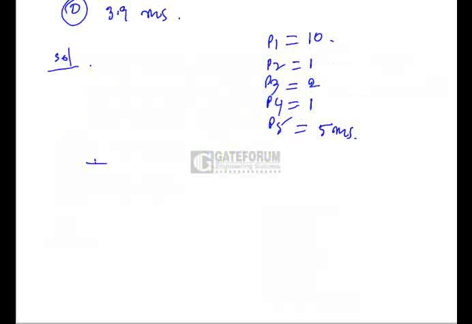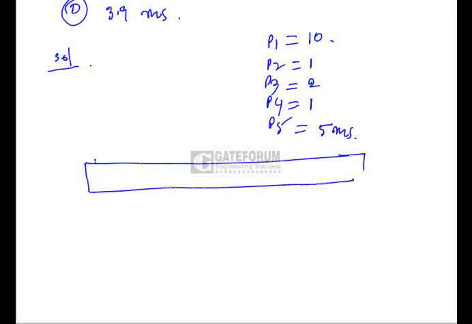So here we are going to find the average waiting time using the round robin technique. The process order will be, first P1 will be executed 1 millisecond, next P2 1 millisecond, P3 1 millisecond, P4 1 millisecond, P5 1 millisecond, and again it comes back to P1. If there is any remaining time, that will be finished, and it will go to the next process in that order.